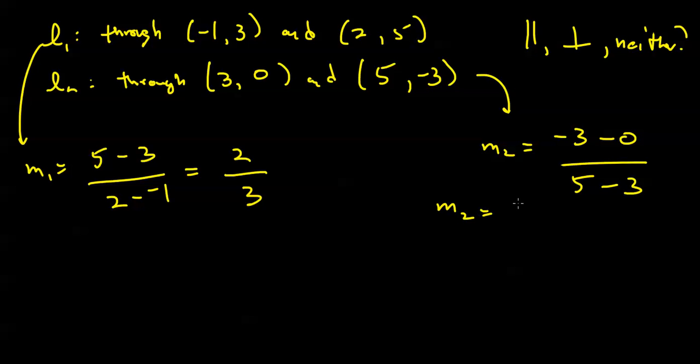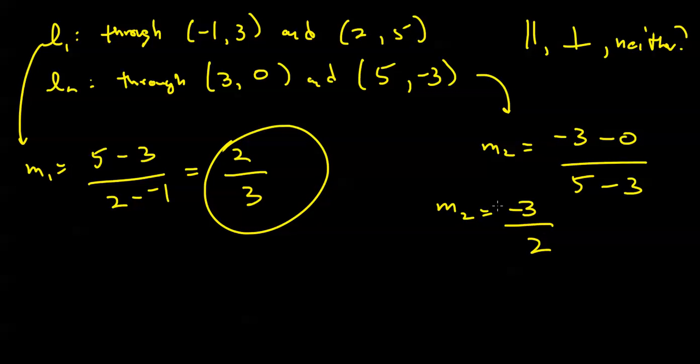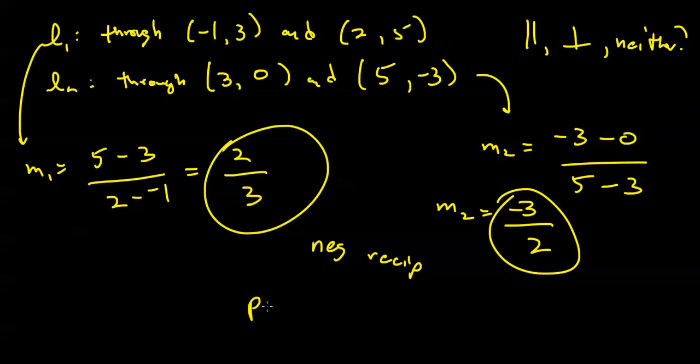My numerator simplifies to -3, my denominator is a +2, and my slope is -3/2. So I've got slopes that are negative reciprocals. They are both negative and reciprocal of each other, and negative reciprocal means, of course, perpendicular lines. So my answer to this question would be perpendicular.